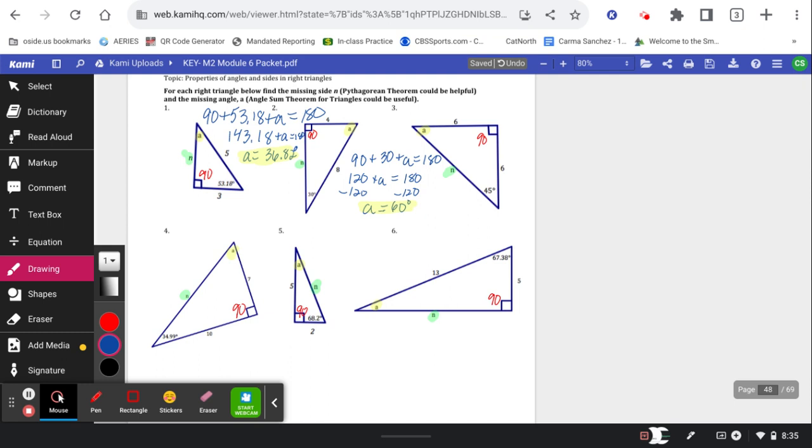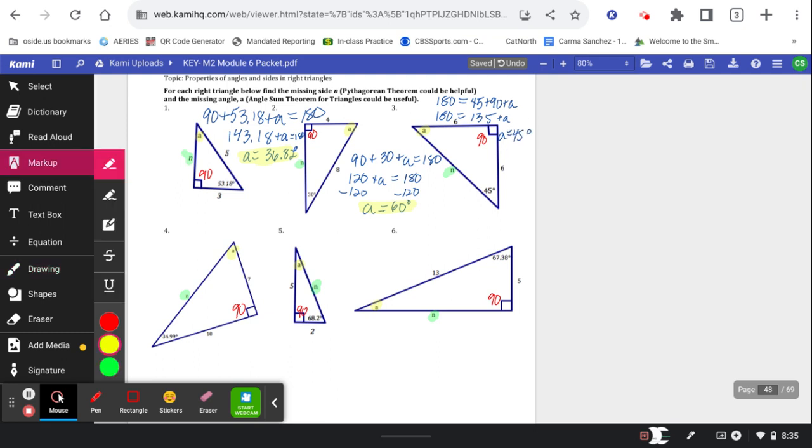Next one, we've got a 45. 45 plus 90 is 135. Subtracting 135 from both sides, we get another 45 degrees.